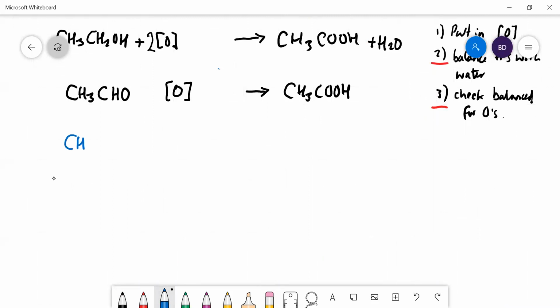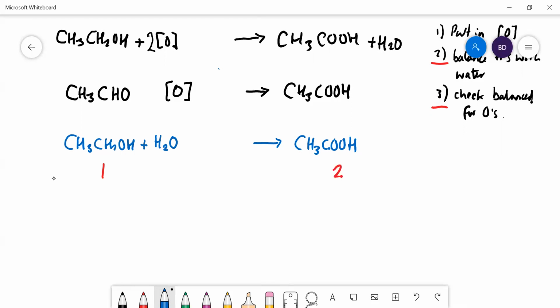So we've got ethanol going all the way to ethanoic acid. What do we normally do? We look at the oxygens and we balance with waters. We've got 2 oxygens on this side and only 1 on that side, so I need to put in H2O there.